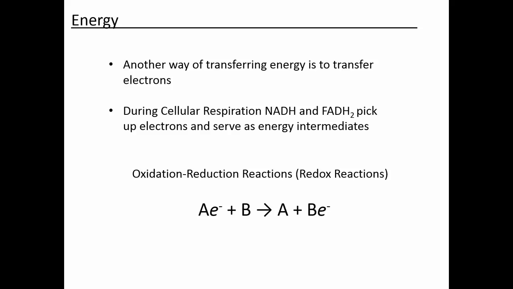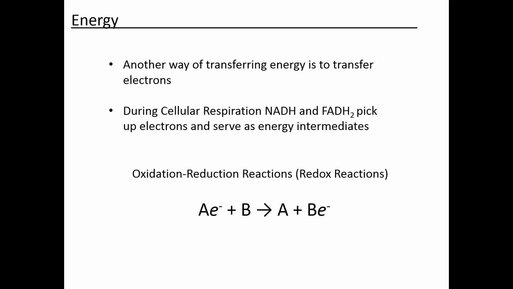As the electrons pass through the electron transport chain, they start off with a high amount of energy, and then they slowly lose energy as they are transferred. And in this specific case, the energy released during those electron transfers is used to create an electrochemical gradient.